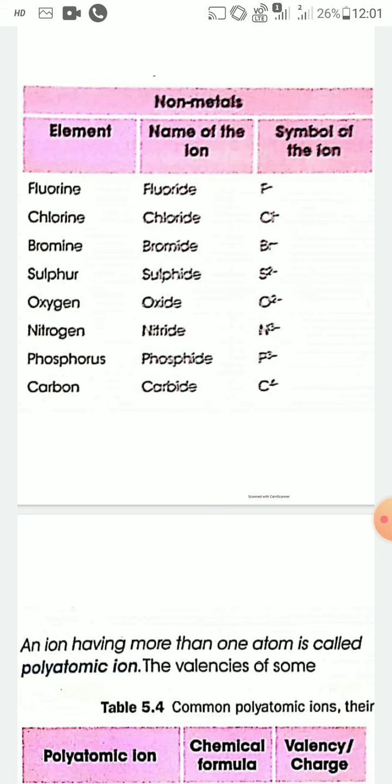For example, fluorine, chlorine, bromine, sulfur, oxygen, nitrogen: these non-metals always form negative ions, that is anions or acid radicals. Fluorine forms the fluoride ion, and the formula of the fluoride ion is F-.